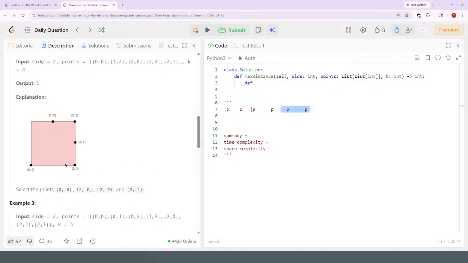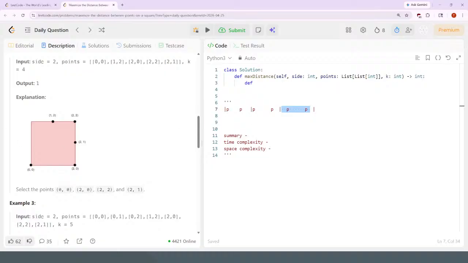So if there was a point here, from this point to this point is the maximum, and then here it would go backwards. There's just no consistency there.